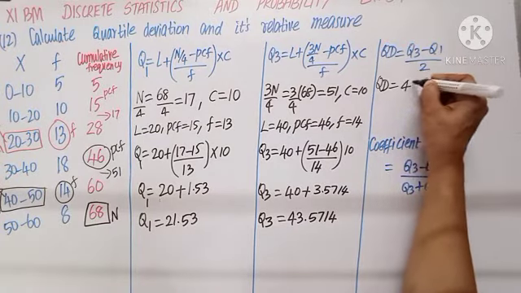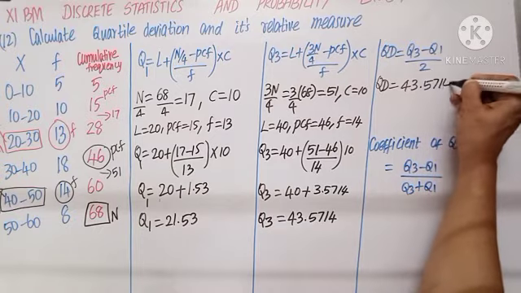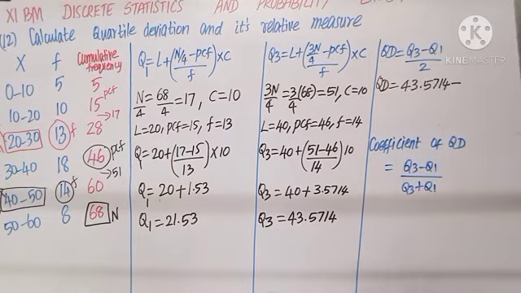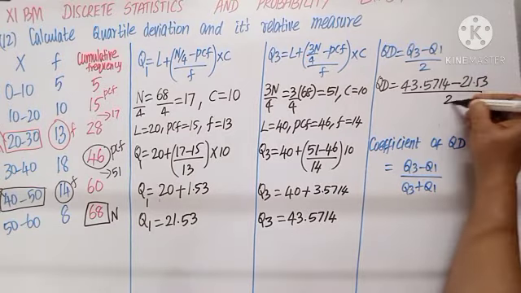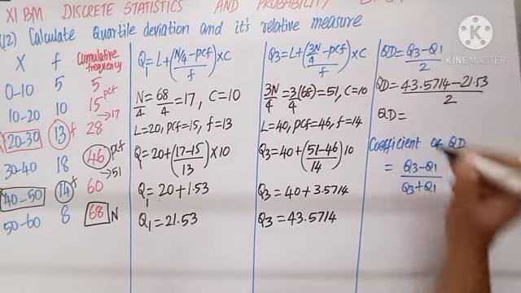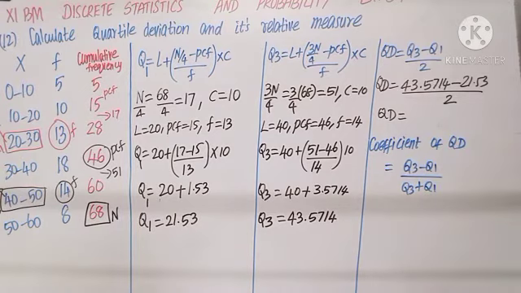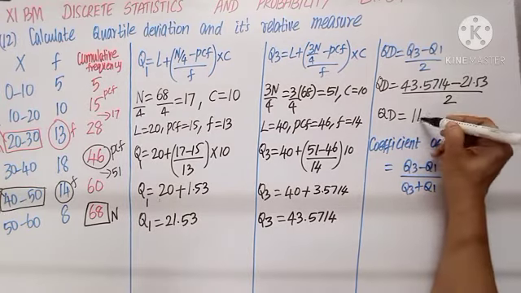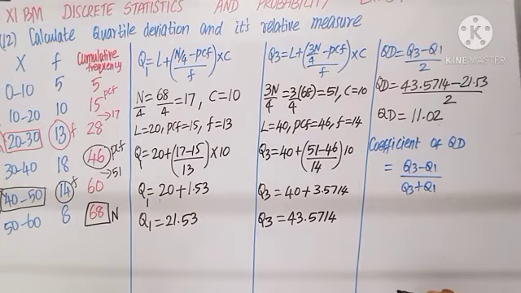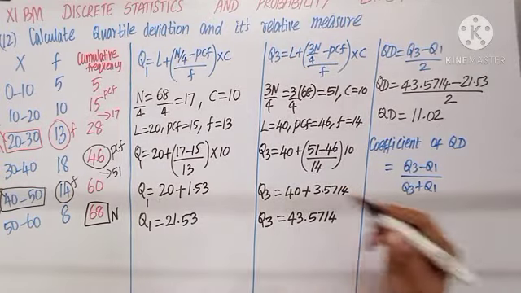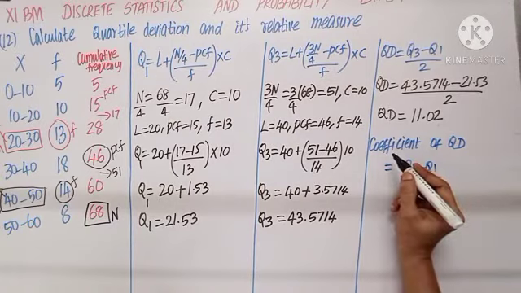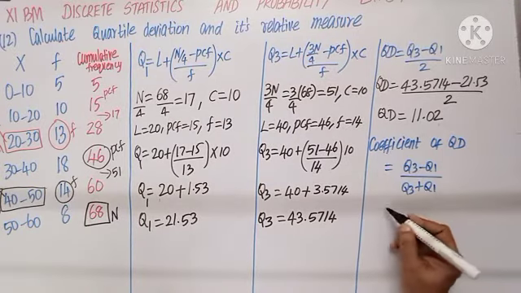As I know Q1 and Q3, let me substitute in quartile deviation. QD equals (43.5714 minus 21.53) divided by 2. As we simplify using a calculator, we get 11.02. Now we need to find the relative measure of quartile deviation, called the coefficient of QD.